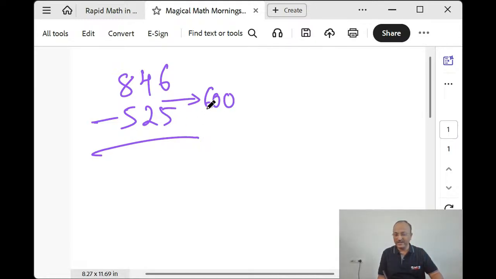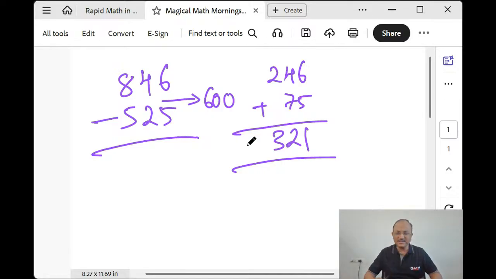I will consider 600 as a base. What we have, 846 is 246 more than 600, and 525 is just 75 less than 600. Addition is very simple. 200, 310, 321.